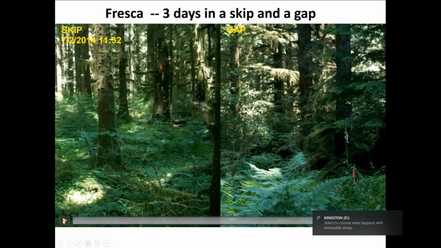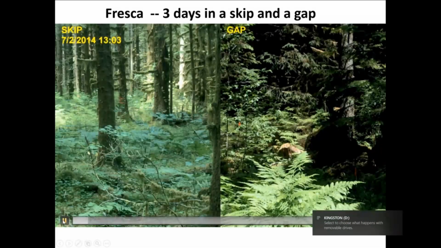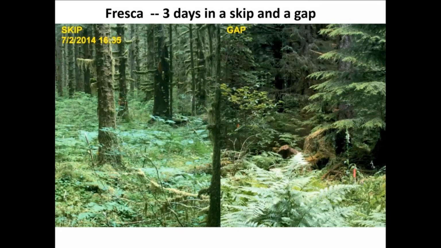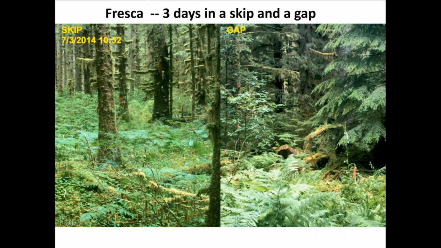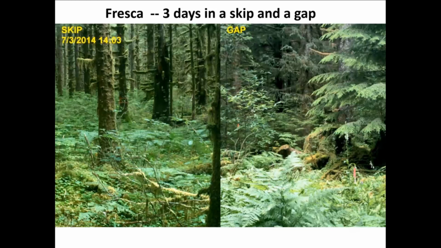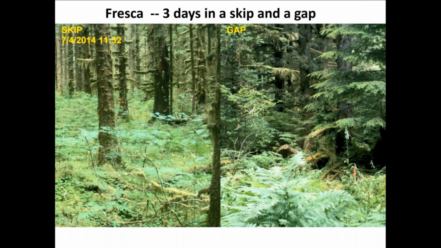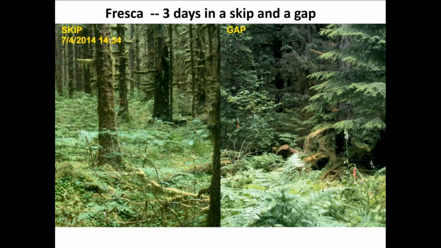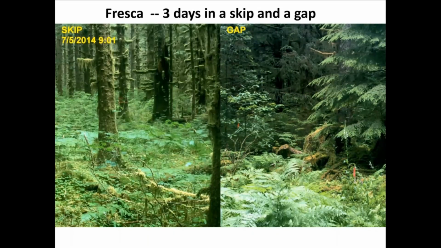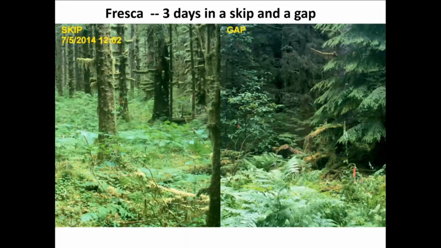So, let me see if I can make this work. We put out some time-lapse cameras at one of the sites, and you can see on the left is a skip, and on the right is a gap. And it's just kind of interesting to watch the light move through those. Oops, let's see if I can make it work again.